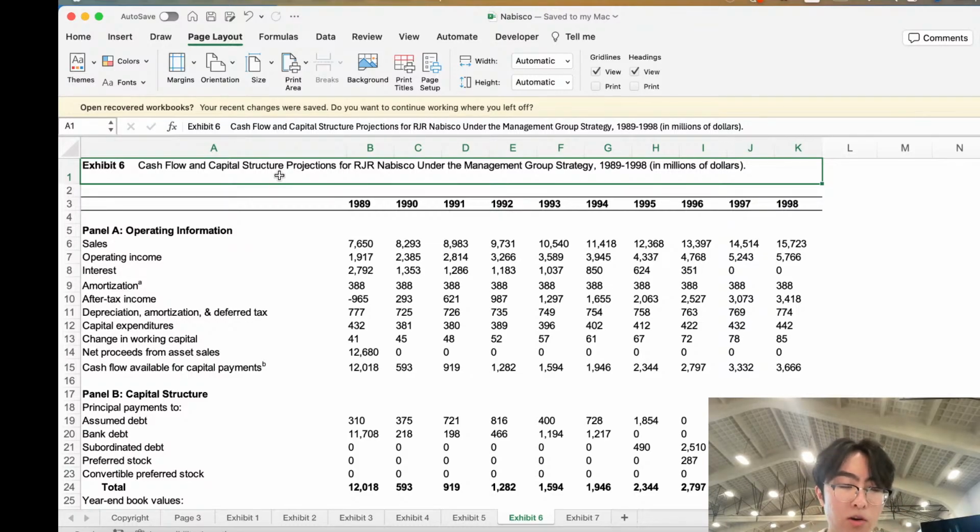The more simplified version of the levered equity beta is taking the actual unlevered beta, and I think we multiply by 1 plus the debt to equity ratio.